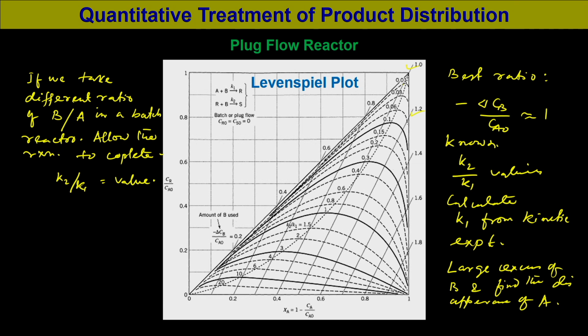So, we can obtain K1 values. That means it is a pseudo first order reaction. So, we can calculate K1 and with that we can calculate K2 as well.